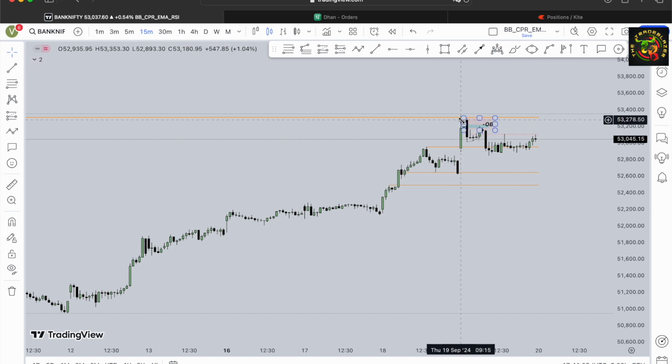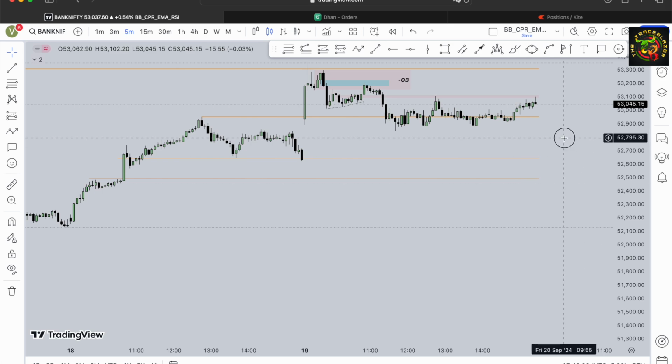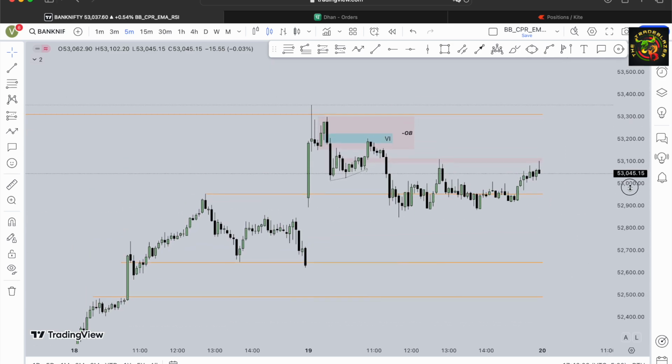Obviously, we can expect an up move, and therefore price can start moving up and tap into this liquidity area over here. Okay, so there we could have gone for the long trade as well, but my day started a little late today. By the time, this move was already done, and part of this move was also done.